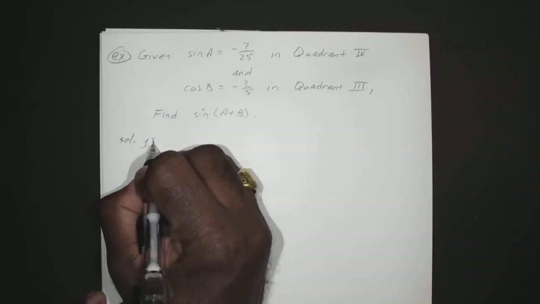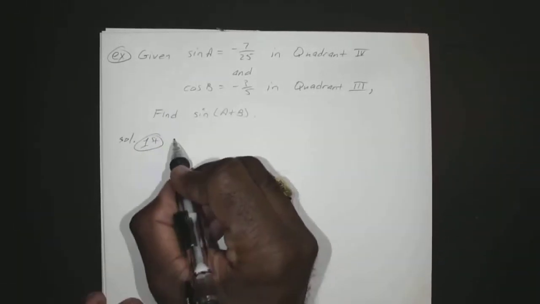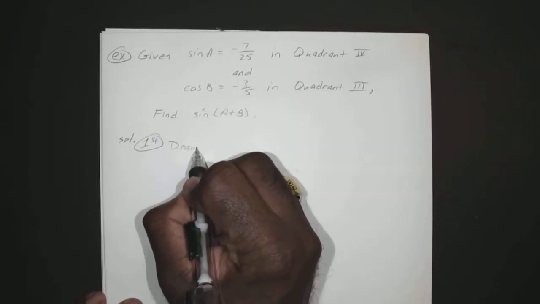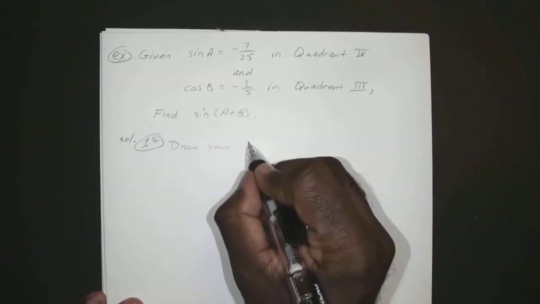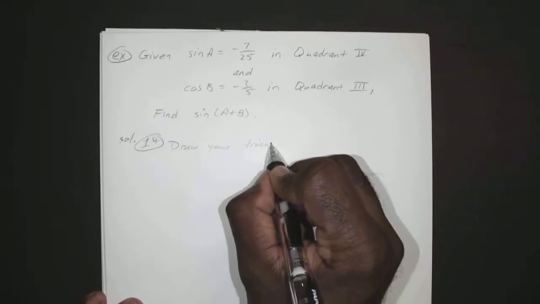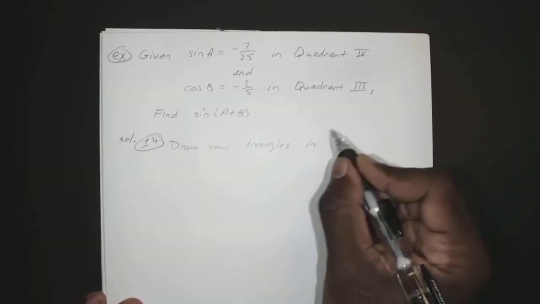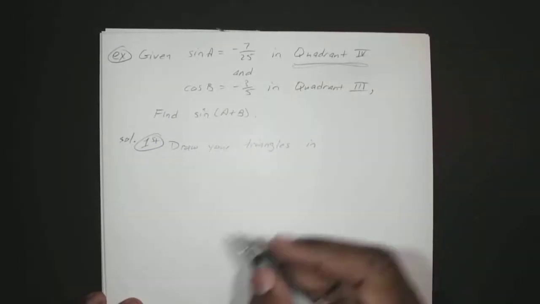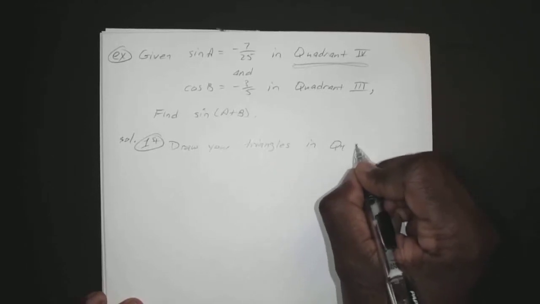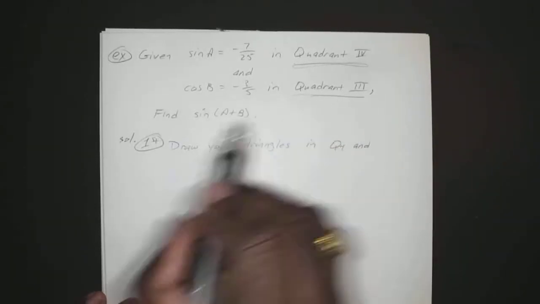Okay, so once again, first thing you want to do, draw your triangles. And in this case, you're going to draw one in quadrant 4, and you're going to draw the other in quadrant 3.